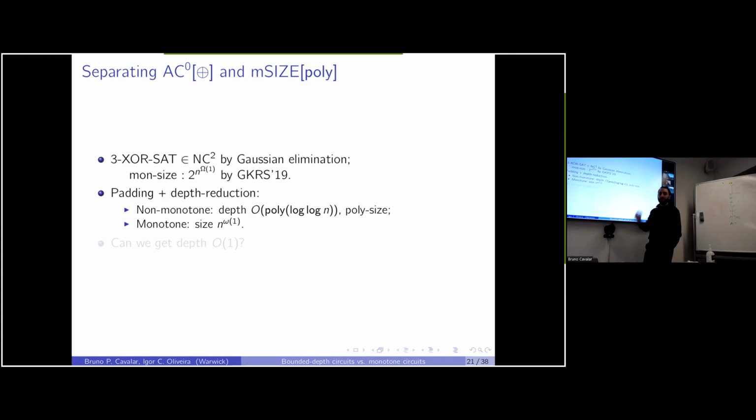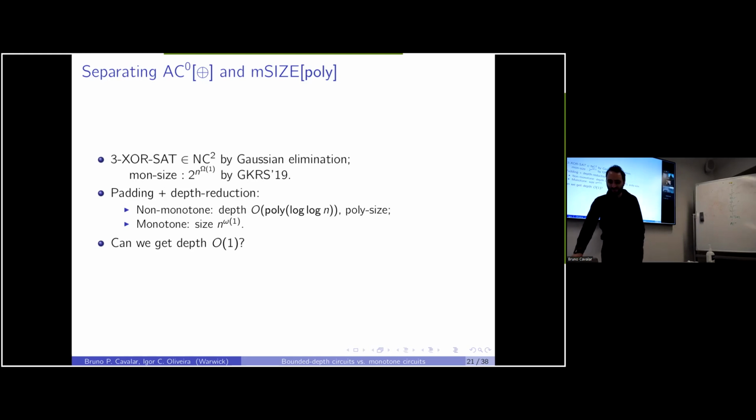That's the best you can do. But then, of course, our question is, can we get constant depth? It doesn't matter that this is maybe even useful for possible practical purposes, but not constant depth.